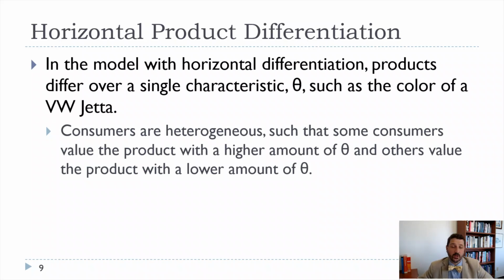And what we're going to sort of model is location, right? And so we're going to imagine that products differ along location, along like a main street, or sometimes you might think about ice cream stands on a beach. And so the farther you have to travel, the worse it is, right? But we can think of that as a metaphor, right?